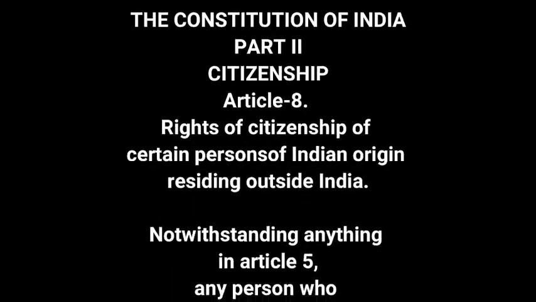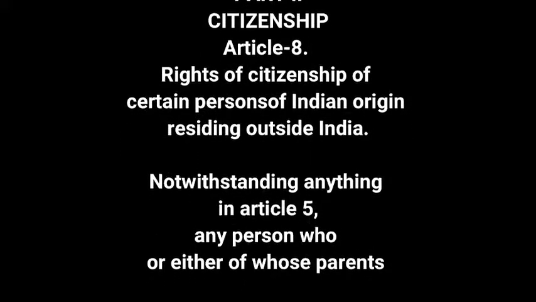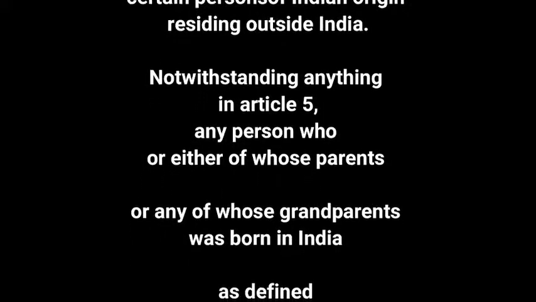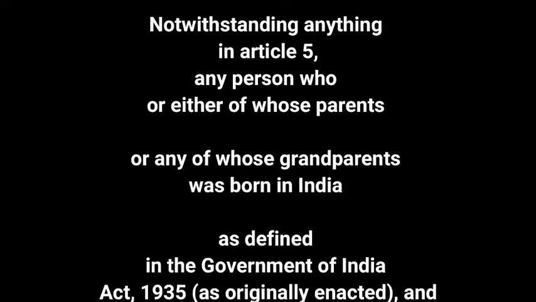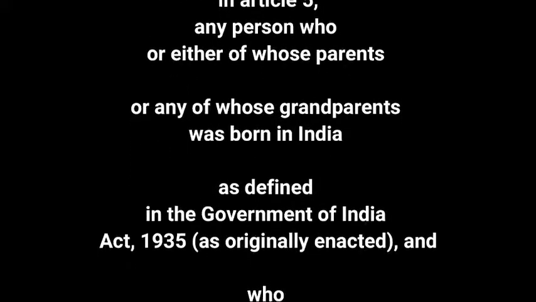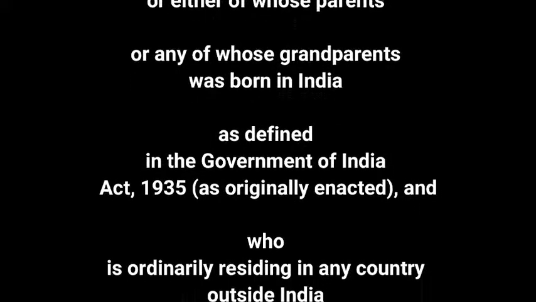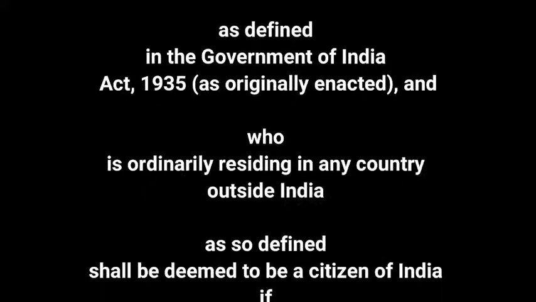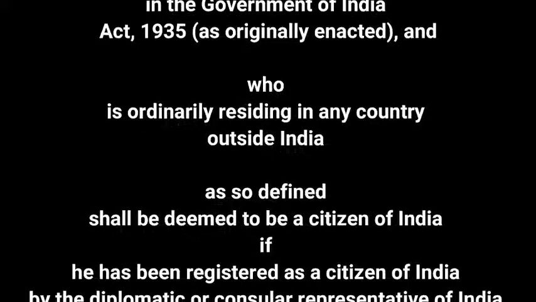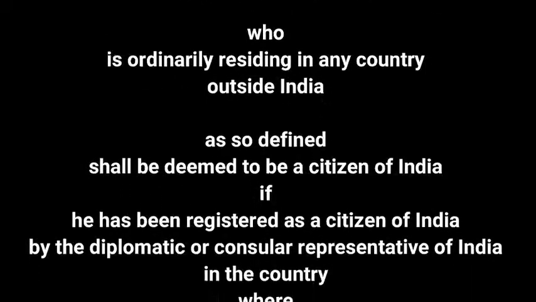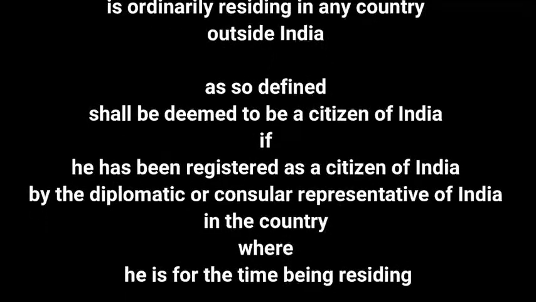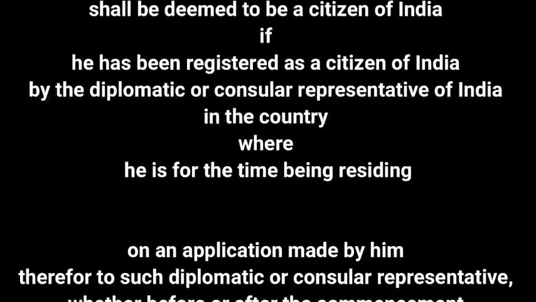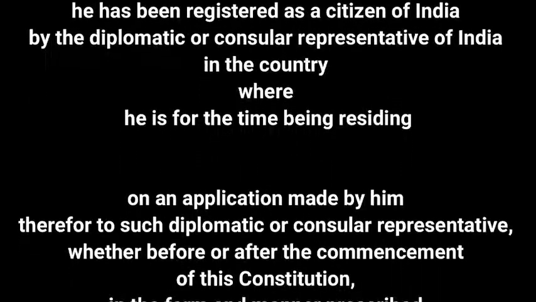Notwithstanding anything in Article 5, any person who or either of whose parents, or any of whose grandparents, was born in India, as defined in the Government of India Act, 1935 as originally enacted, and who is ordinarily residing in any country outside India, as so defined, shall be deemed to be a citizen of India, if he has been registered as a citizen of India by the diplomatic or consular representative of India in the country where he is for the time being residing.